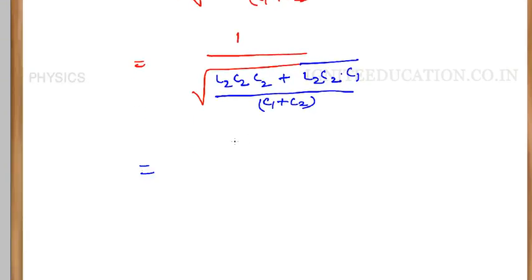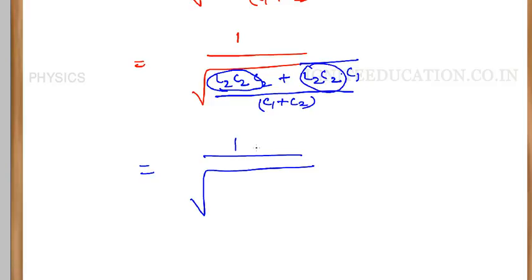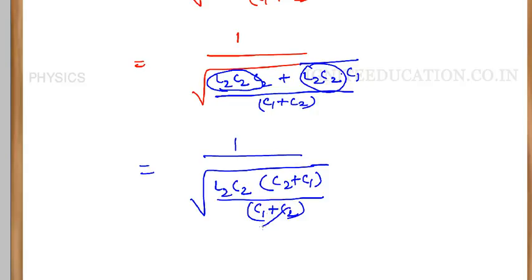that is equal to 1 by root of, L2 C2 is there and here also L2 C2 is there. Taking out L2 C2 as common, C2 plus C1 is the remaining expression in the numerator, and the denominator is C1 plus C2, these two get cancelled.